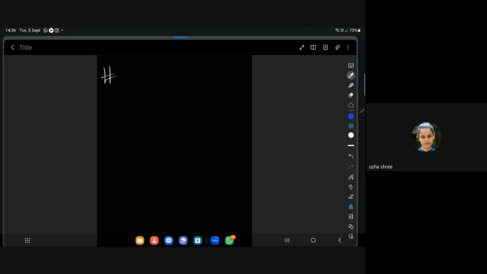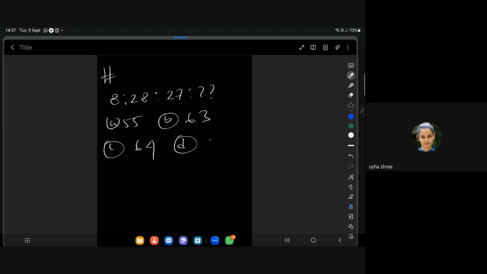Suppose, try to solve: 88 is to 28, then 27 is to how much? The options given to you are 55, then 63, then 64, then 85.